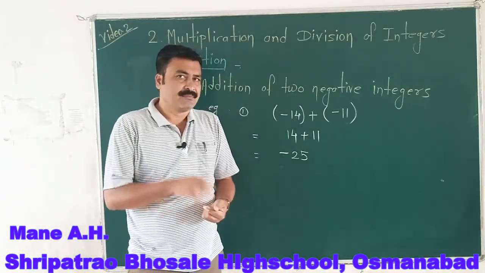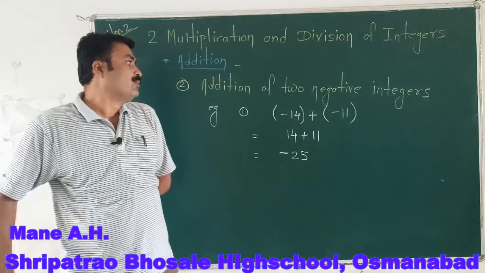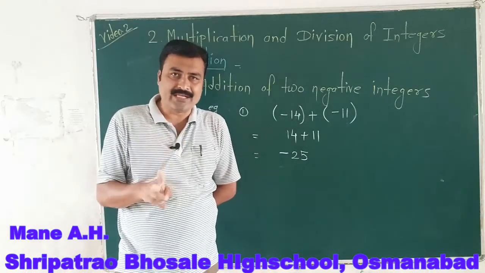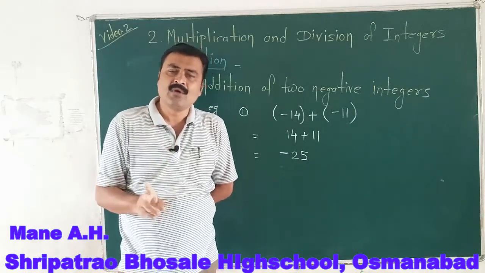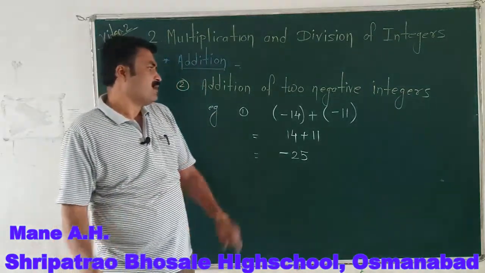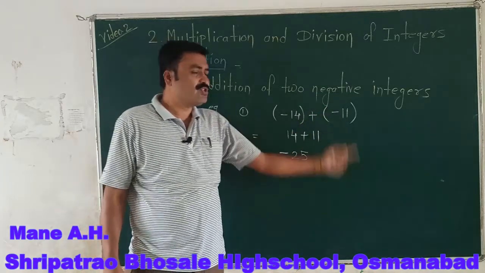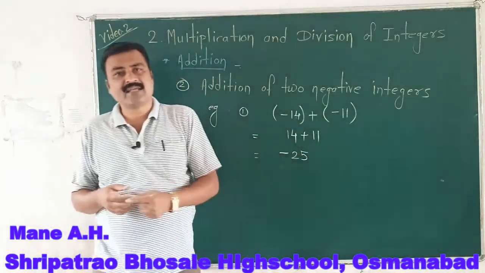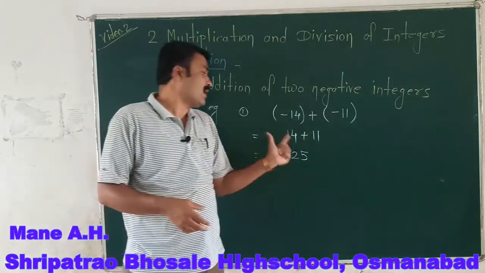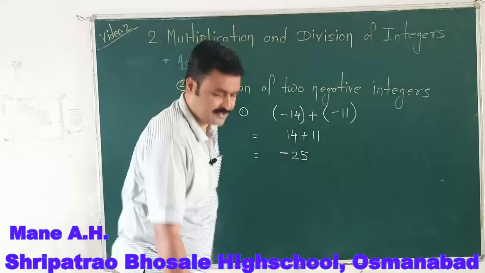Now from this example I want to explain rule number 2. That is, when we take the addition of two negative integers, their sum always comes in the form of a negative integer. मराठीचं पाहिलं, दोन ऋण पूर्णांक संख्यांची बेरीज आपण जर केली तर ती बेरीज ही नेहमी ऋण पूर्णांकामध्येच असते. हा दुसरा नियम लक्षात ठेवायचा.